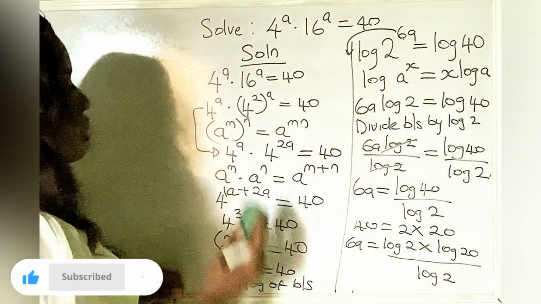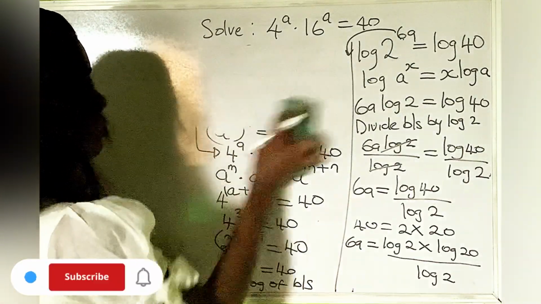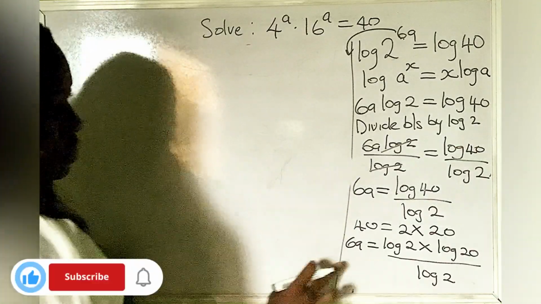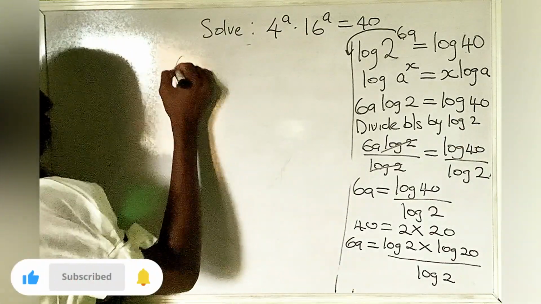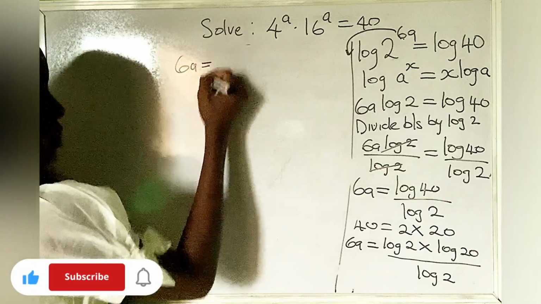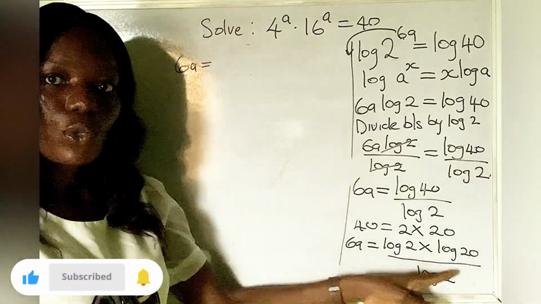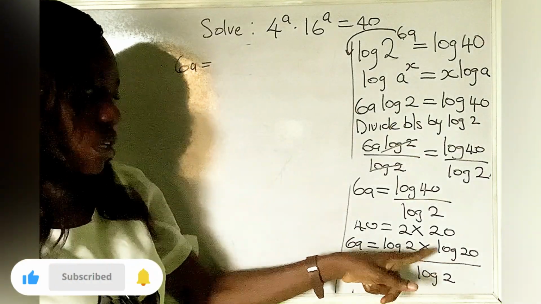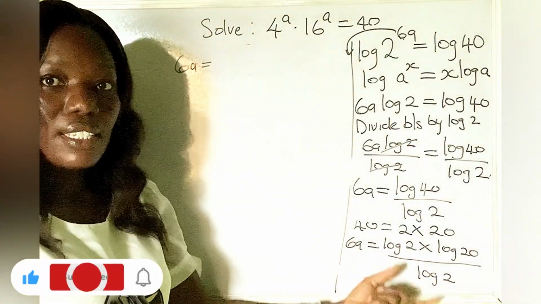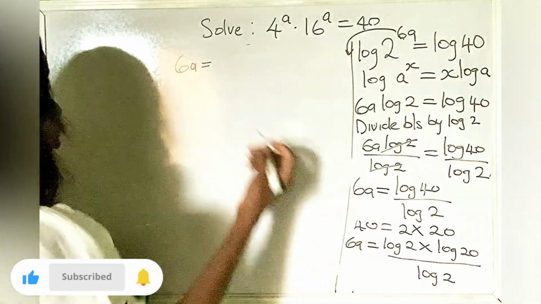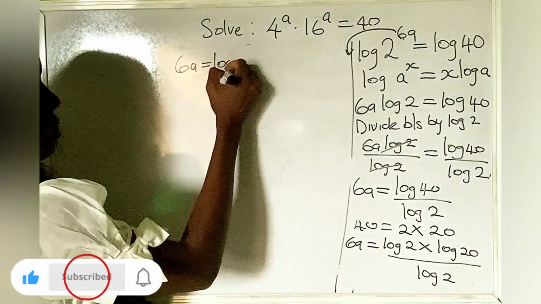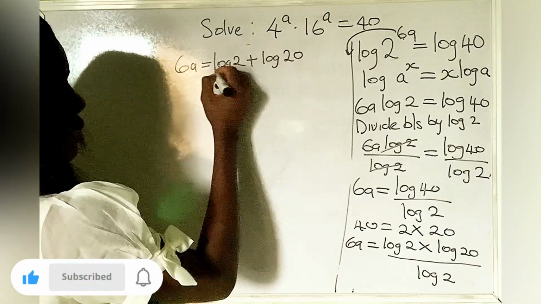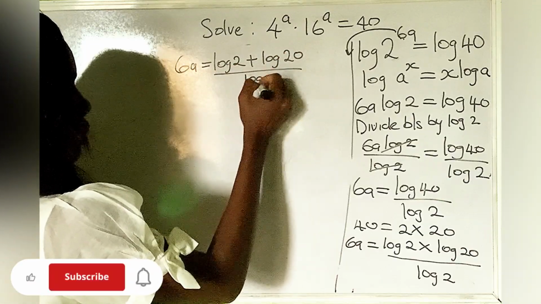Okay, now continue. So we have 6a is equal to log of 2 multiplied by 20 all over log 2. When you have a multiplication inside a logarithm, the rule is that we convert it to an addition. So now we have log 2 plus log 20, all over log 2.